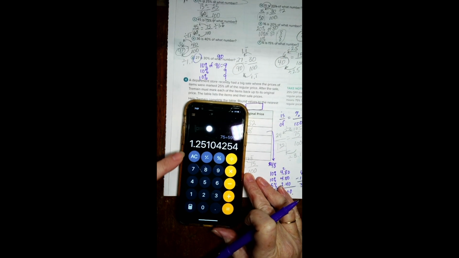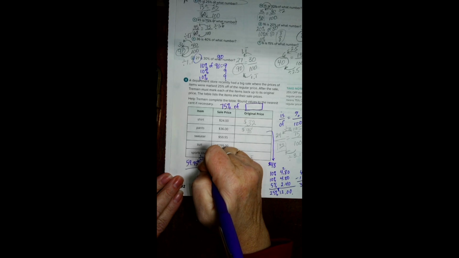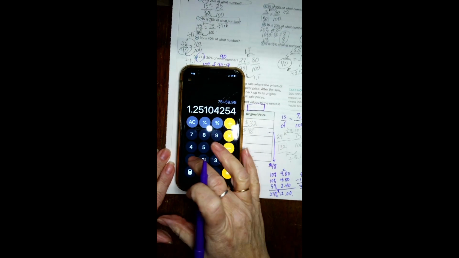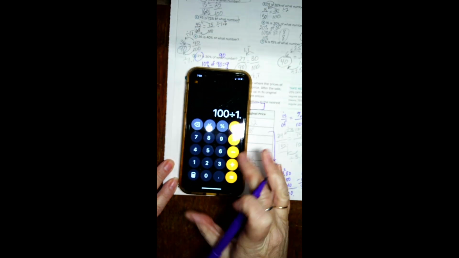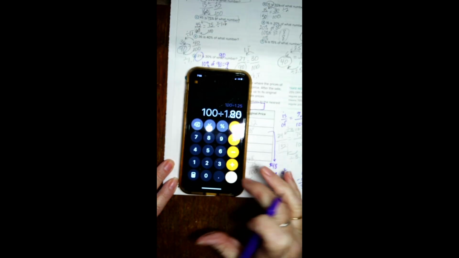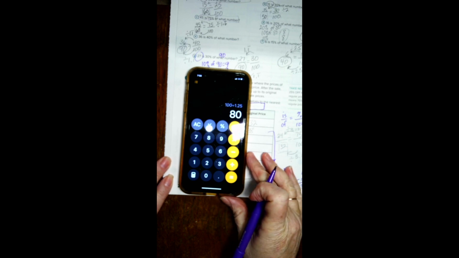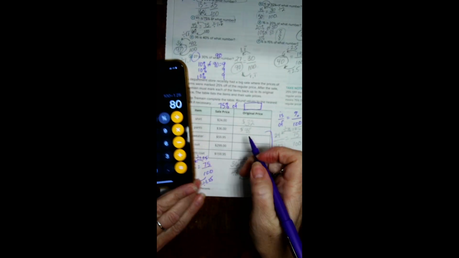We're going to round that to 1.25. So we're going to divide by 1.25. 100 divided by 1.25. And we get, it's about $80.